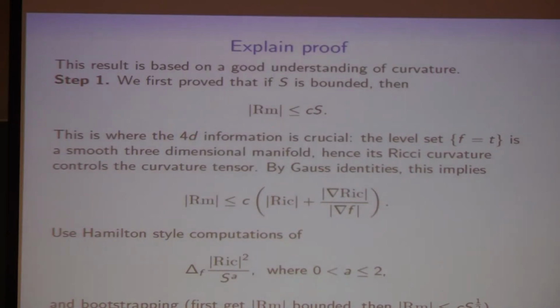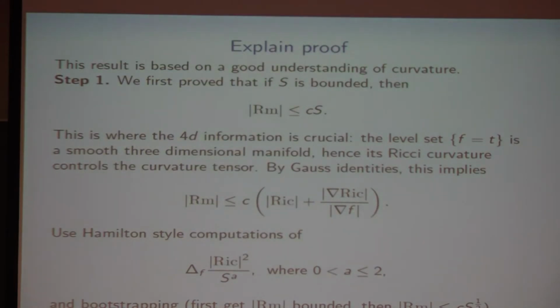And for this, the 4D information is crucial. As you will see in the later part of the talk, if I assume this on an n-dimensional manifold, we can do a lot of things. But this is the part that you don't have on any n-dimensional shrinker. So this is the part we can only prove in 4D.